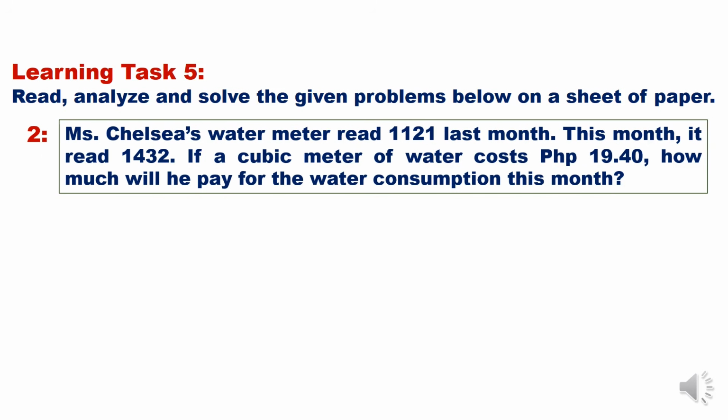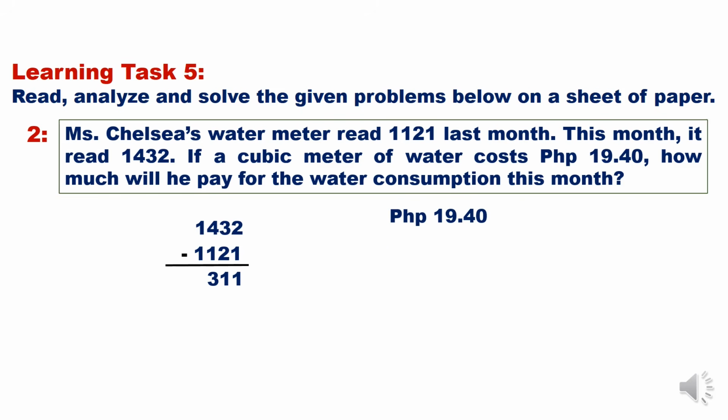Number 2. Mrs. Chelsea's water meter read 1,121 last month. This month, it read 1,432. If a cubic meter of water costs 19 pesos and 40 centavos, how much will she pay for the water consumption this month? So just subtract 1,432 minus 1,121 equals 311.